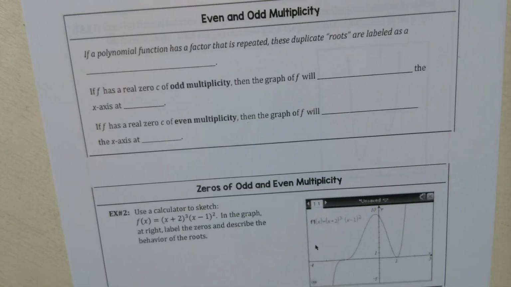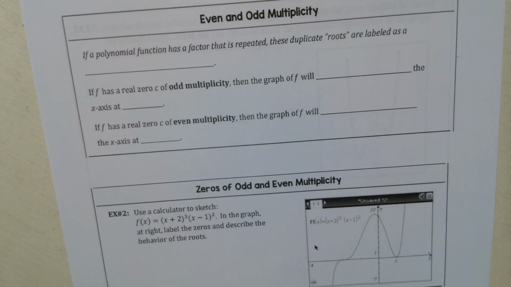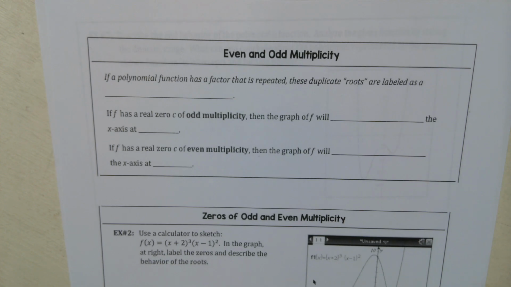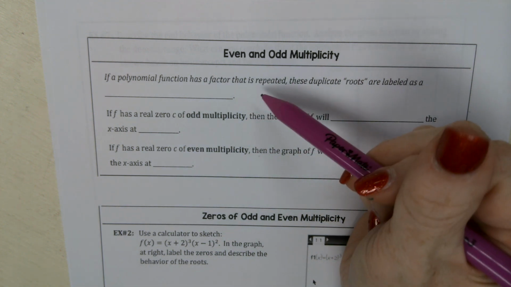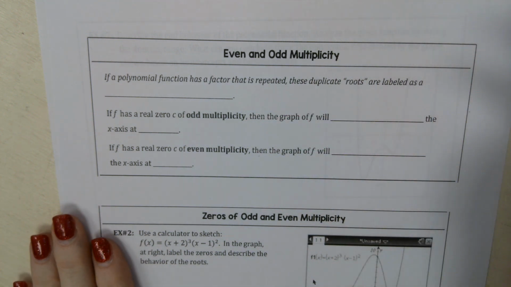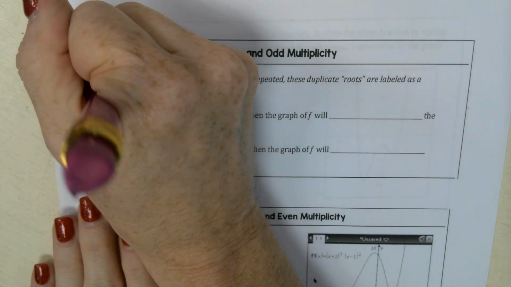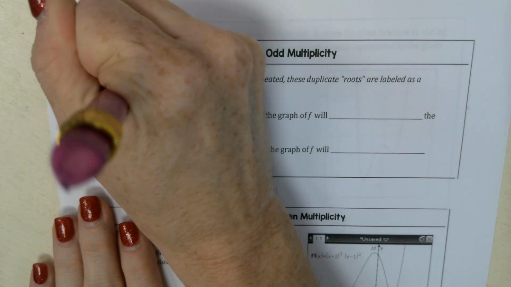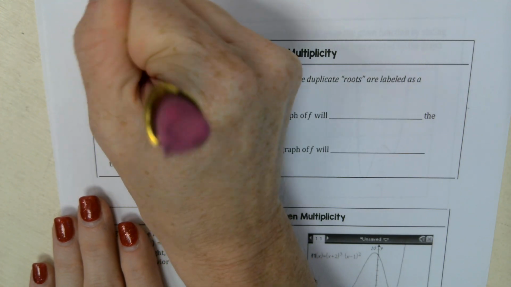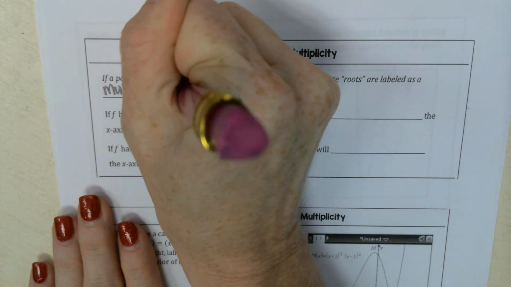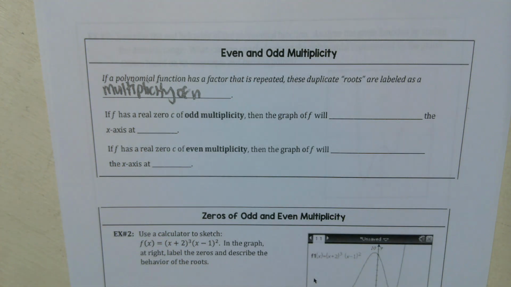Okay, here we go. Let's take a look at even and odd multiplicity. All right, if a polynomial function has a factor that is repeated, these duplicate roots are labeled as a multiplicity of their degree.